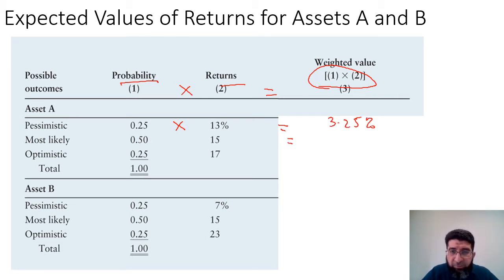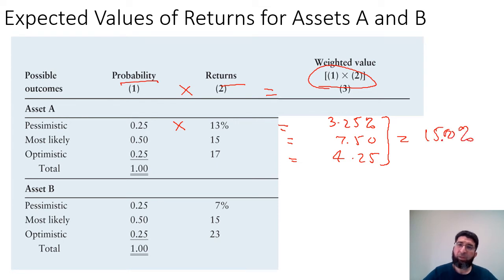Similarly, we will have 7.5 for the other, and then we have 4.25 for the optimistic case. If you add it all together, this will give us a 15% return. Similarly, for asset B, we can multiply the probability with the returns, and we will get a 1.75% return.